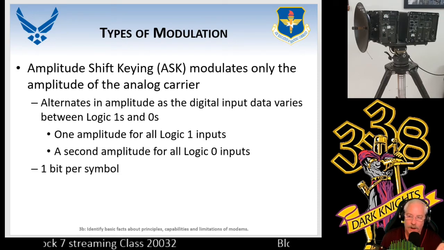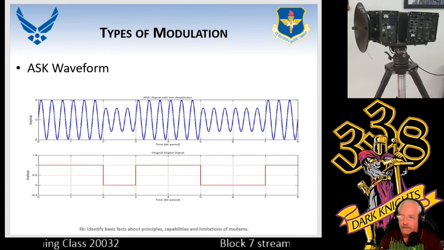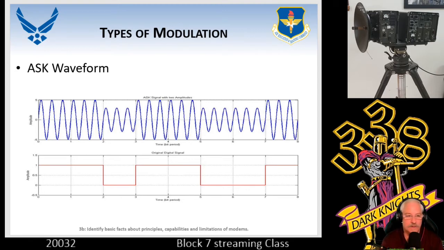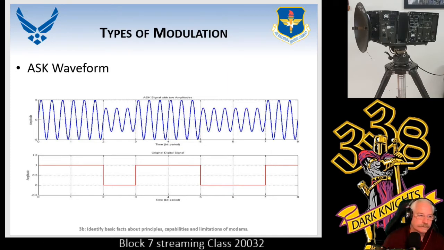ASK, 1 bit per symbol. Here is the diagram we show. You can see that when we have a 1, we have a large amplitude or a large voltage. For any zeros that you see, it's a lower amplitude or a lower voltage.